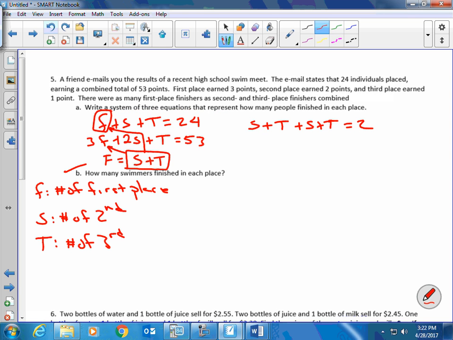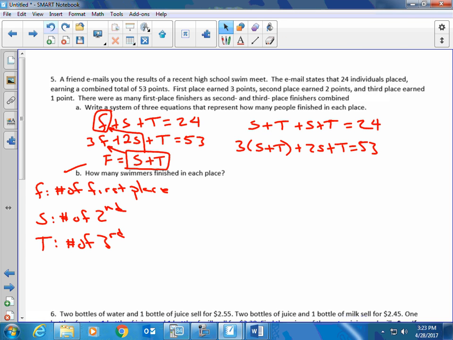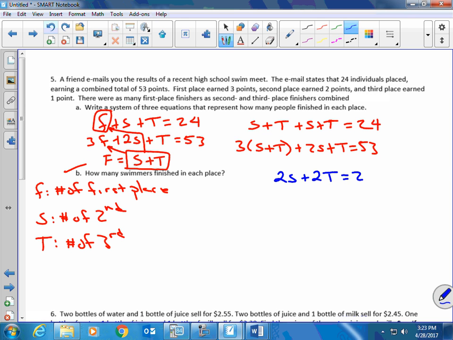Okay, next sentence. We have 3 times F, but F is S plus T, plus 2S plus T equals 53. Okay. Now let's rearrange this to make it a little more organized, meaning let's combine some like terms. Top equation, 1S plus another S is 2S, 1T plus another T is 2T.